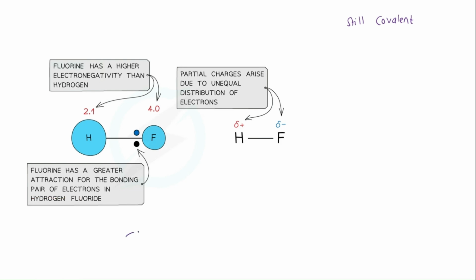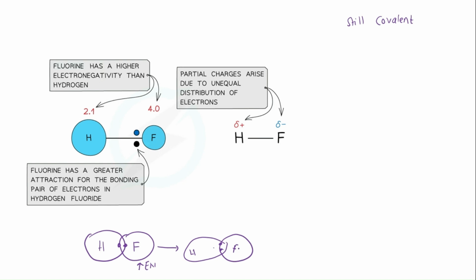Because fluorine has greater electronegativity, it will have the electrons more toward itself and lesser toward hydrogen. So it will attract the electrons towards itself like this.